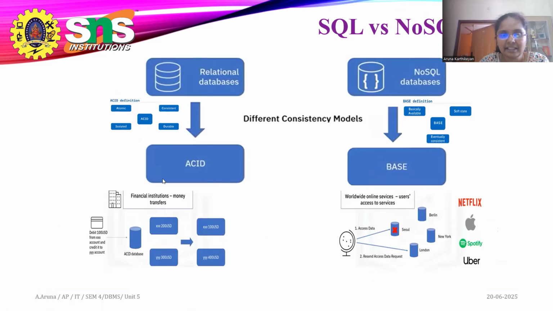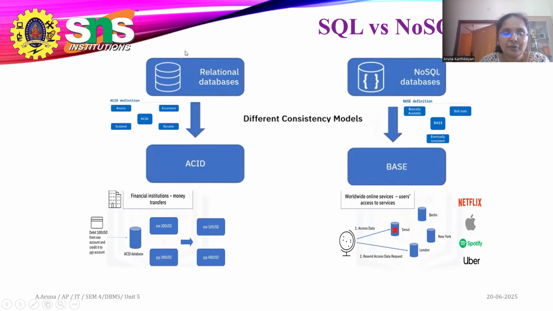So this is the structure of the database. Here you have a relational database. It follows the ACID properties, and through them your data can be entered into the database. We mainly use relational databases in financial transactions and the banking sector.